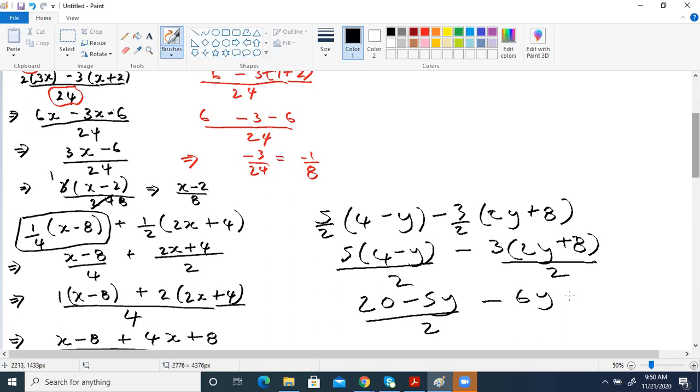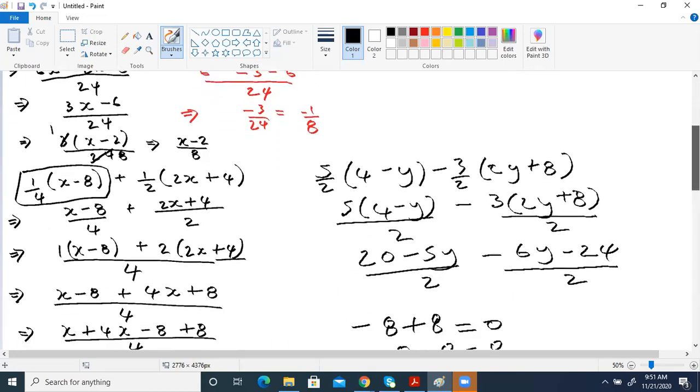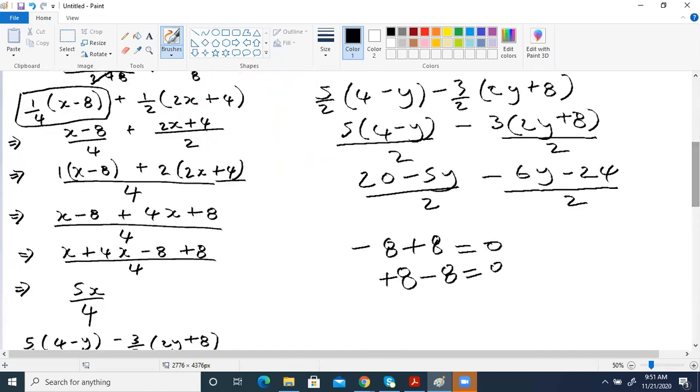Is it plus or minus? No, minus 24, sorry. Minus 24 over 2. And then you'll find the least common multiple, which is 2.